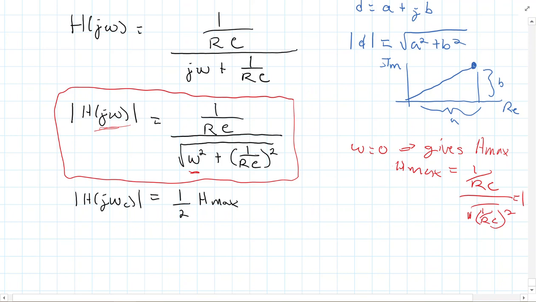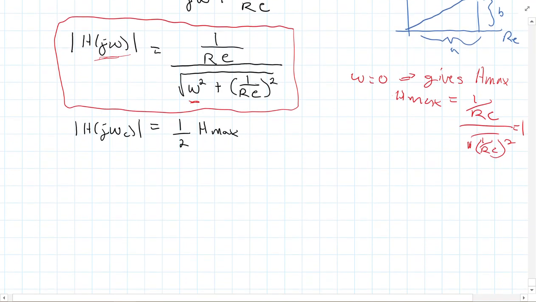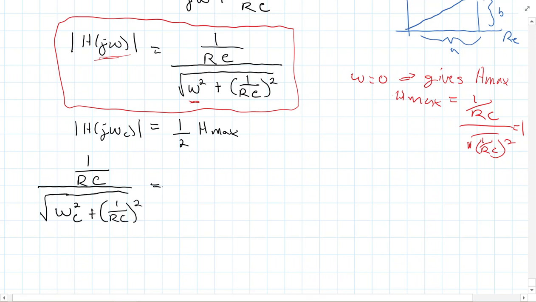So what does that mean here? Well, we need to find out, I'm going to plug in here, I have 1 over RC, and now I'm going to plug in the corner frequency. So I have omega c squared plus 1 over RC squared, and that's going to have to equal 1/2 times 1.